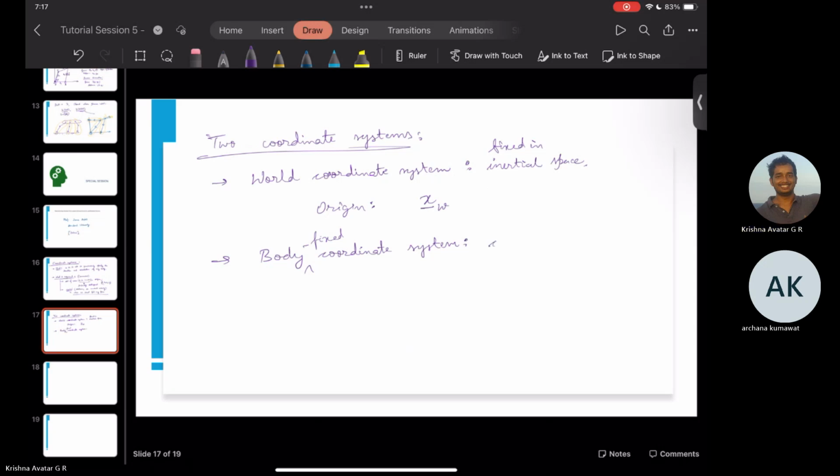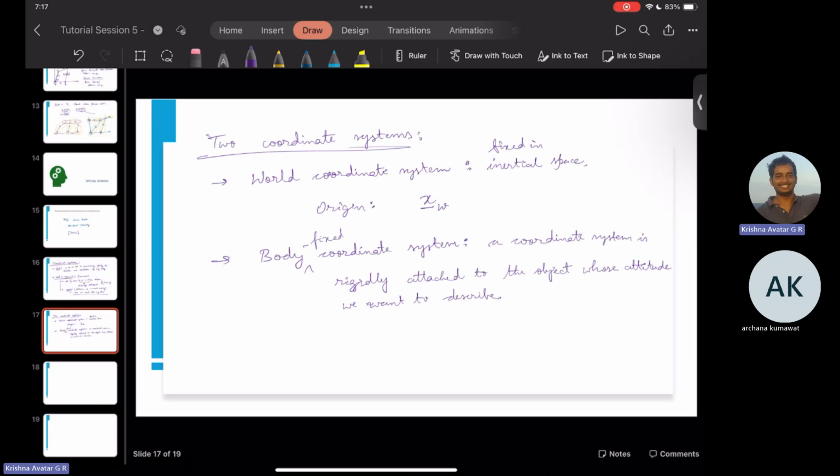This is when a coordinate system is rigidly attached to the object whose attitude we want to describe.